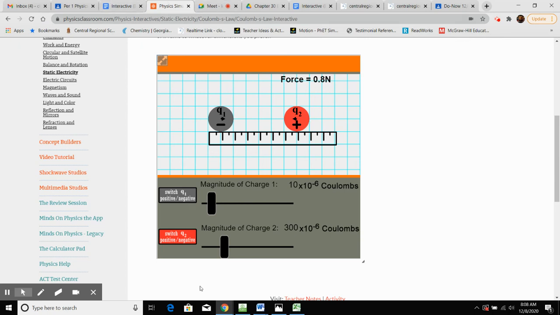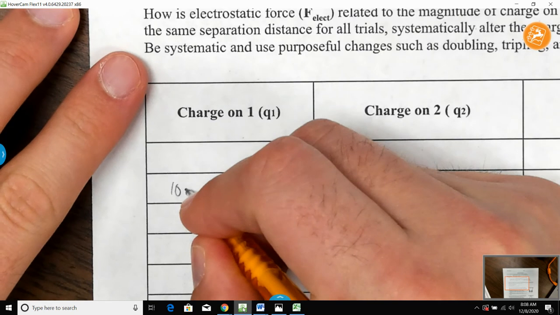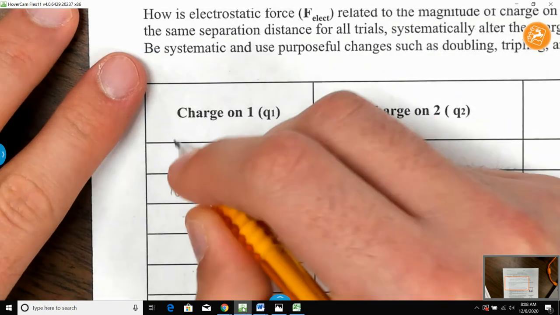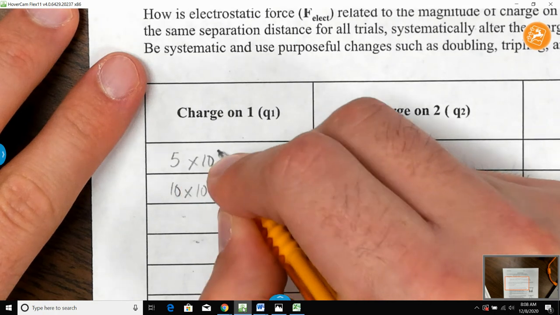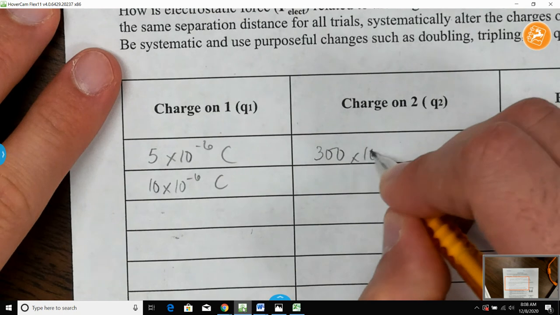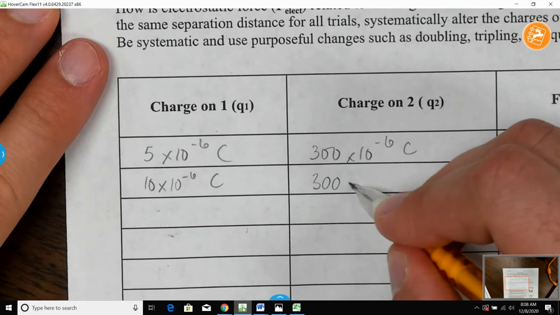So in your interactive, or in your table, my second one for charge 1 was 10 times 10 to the negative 6th coulombs. The first one I had was 5. This one was 300 times 10 to the negative 6 coulombs, leaving it as that.